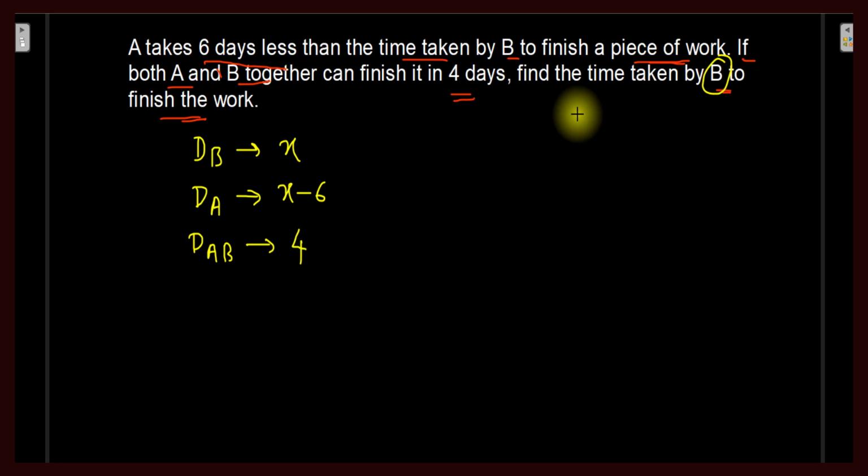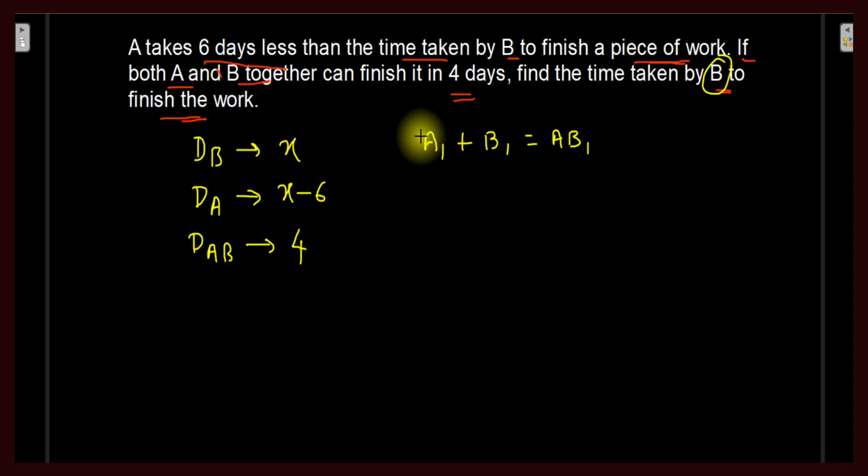So here we can say that A's 1 day's work plus B's 1 day's work will be equal to 1 day's work of both A and B. The work completed by A in 1 day, plus the work completed by B in 1 day, will be equal to the work completed by A and B in 1 day.